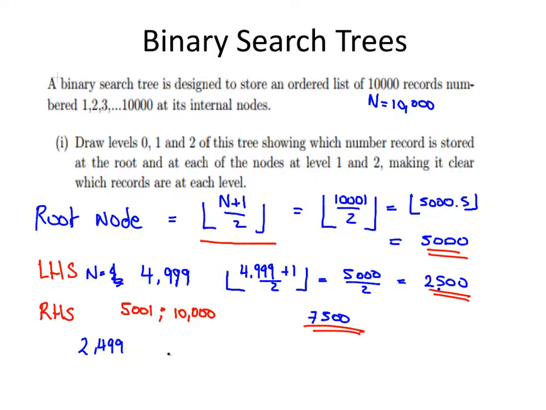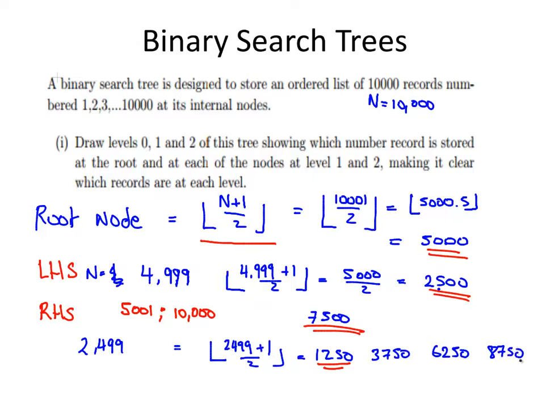And so we find the root node of this: 2,499 plus 1 all over 2 works out to be 1,250. So that is the left hand side subtree of 2,500. The other nodes: we add on 2,500 to get 3,750, add on 2,500 to that, we get 6,250, and then finally 8,750.